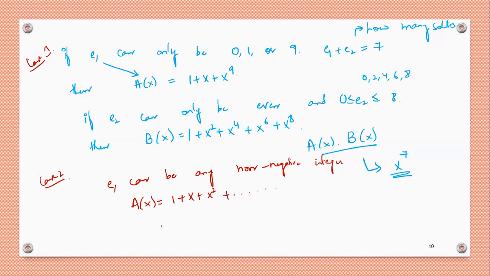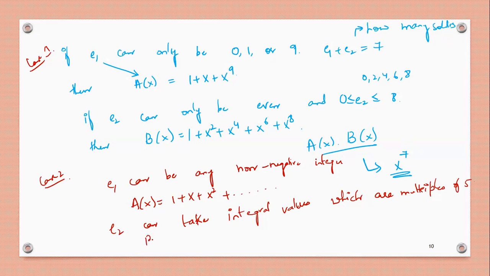Similarly, e2 can take integer values which are multiples of 5. Now in this case, b of x will be taken as 1 plus x power 5 plus x power 10 plus and so on. So basically we are taking multiples of 5: 0, 5, 10, 15 and so on. And this will go on up to infinity.